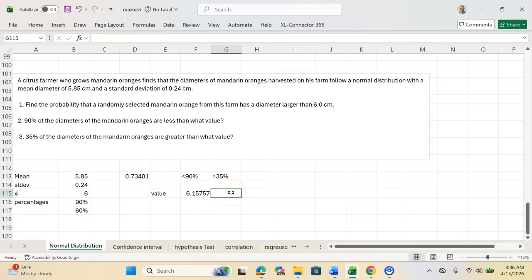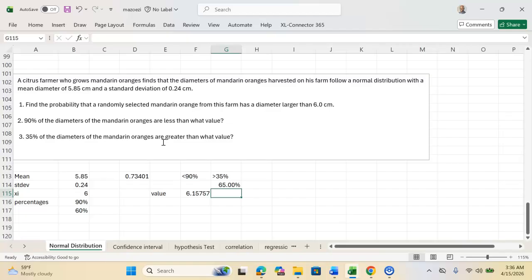And for greater than 35, all we need to do is take 1 minus 35%, because we are talking about greater than what value. So we will look at the opposite of this to the left side, and so that will be 65.